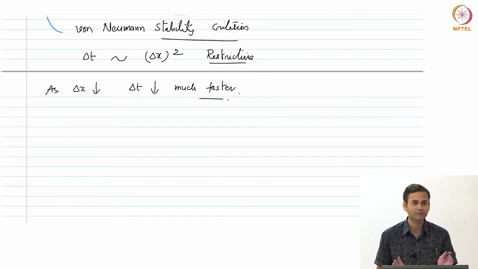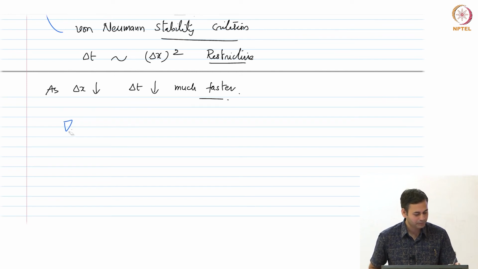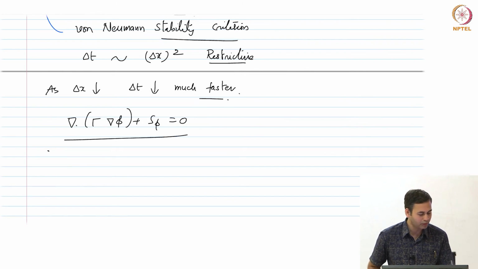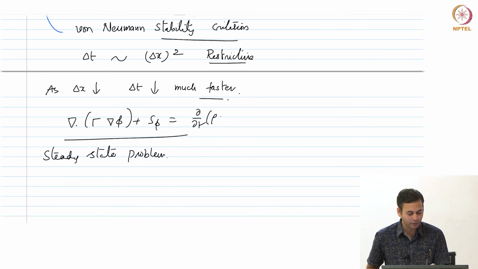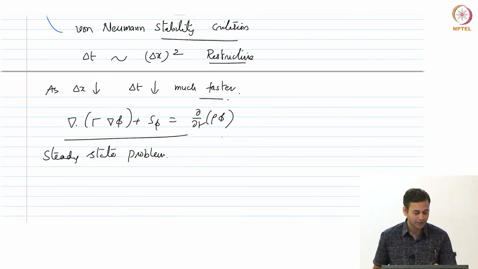Is the question clear? We wanted to solve del dot gamma grad phi plus S phi equals 0. So essentially we want to solve a steady state problem. What I am saying is we pretend that this is not steady state, we start off with partial rho phi, and then we construct an explicit method.